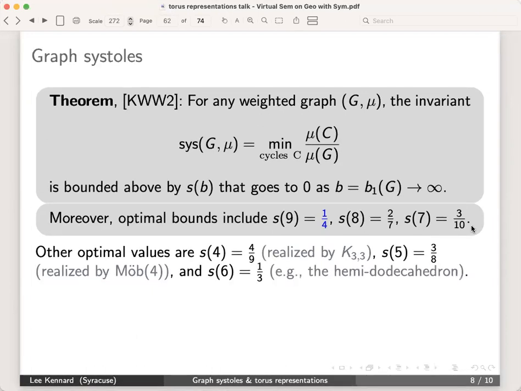For S of 6, this is another pretty graph. The value is 1/3, and one of the graphs that realizes this is called the hemidodecahedron. So I can't resist telling you about this. What you do is you take the dodecahedron that has 20 vertices, 30 edges, and 12 sides.